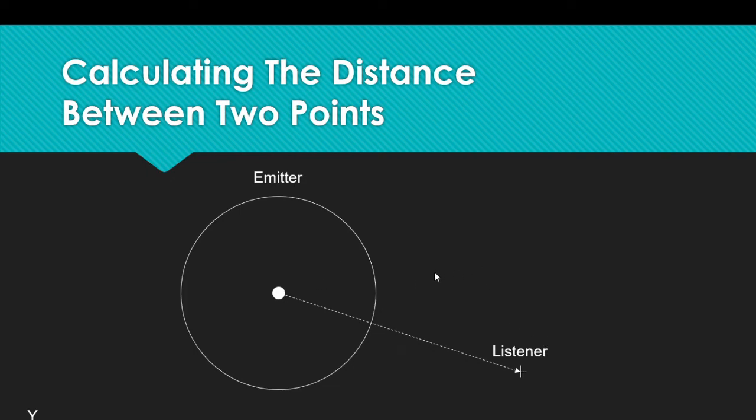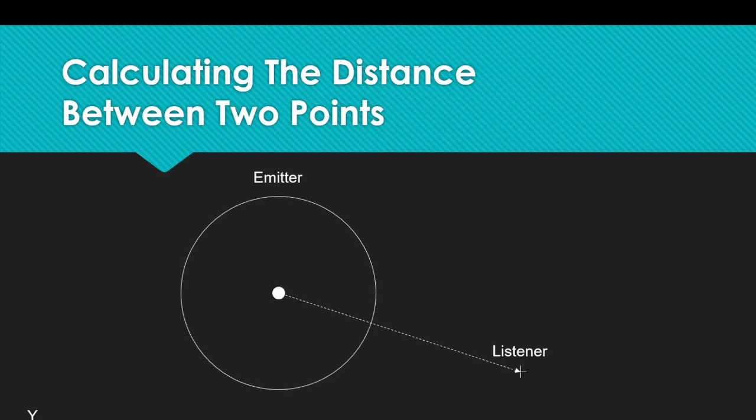A squared plus b squared is c squared. So if you take the square root of a squared plus b squared, you get c, or the distance. So here, remember, x2 minus x1, that's basically going from here to here in the x. So that's the length in x, the length in y, the length in z, all squared, and then taking the square root of it. So when you're finding distance, you're thinking Pythagoras.